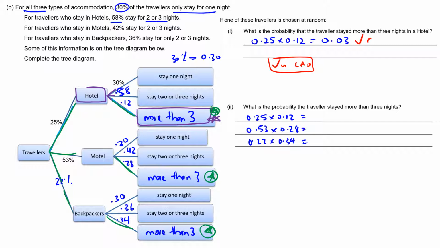So those three answers are 0.03, 0.1484, and 0.0748. Add all those up, and you get an answer of 0.2532.